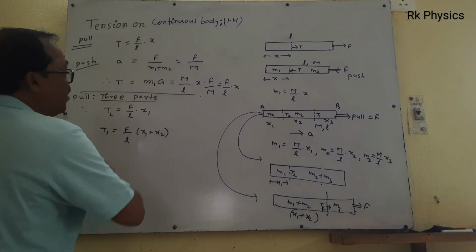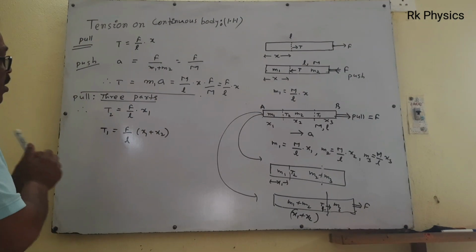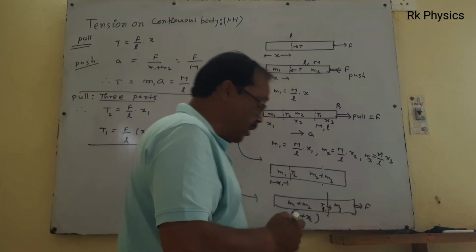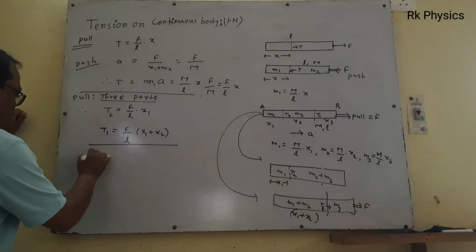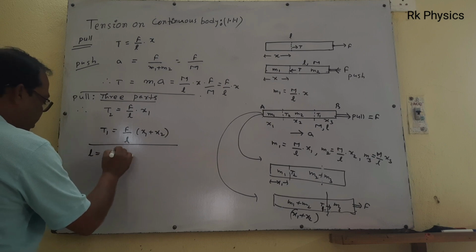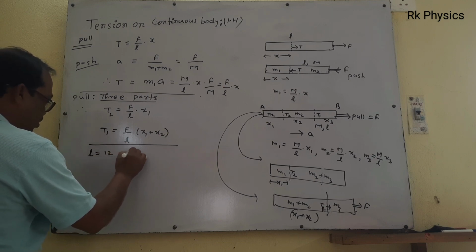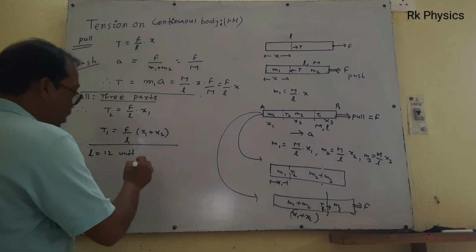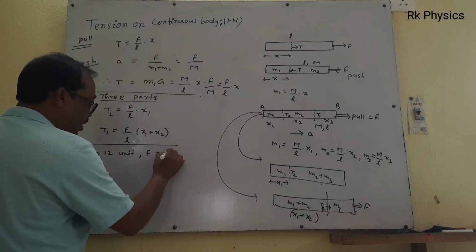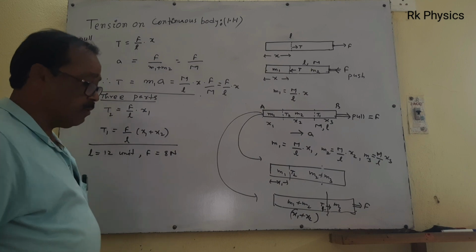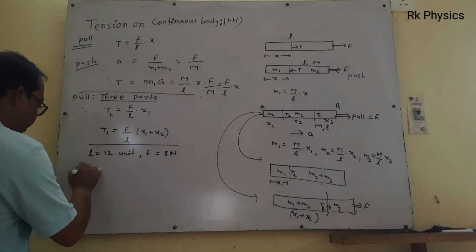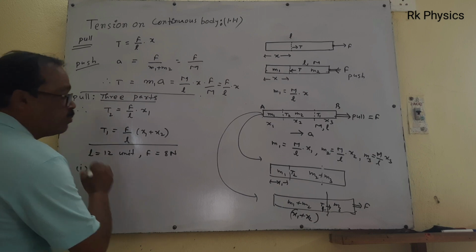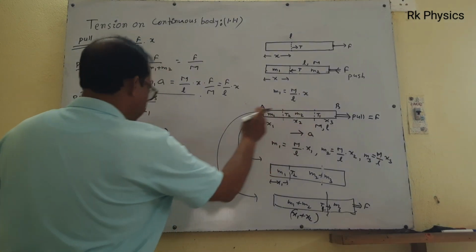Suppose this is the situation in a problem. As an example, suppose the length of the rod is 12 units and I take F equal to 8 Newton. First calculate T1. This is T1, this is T2.